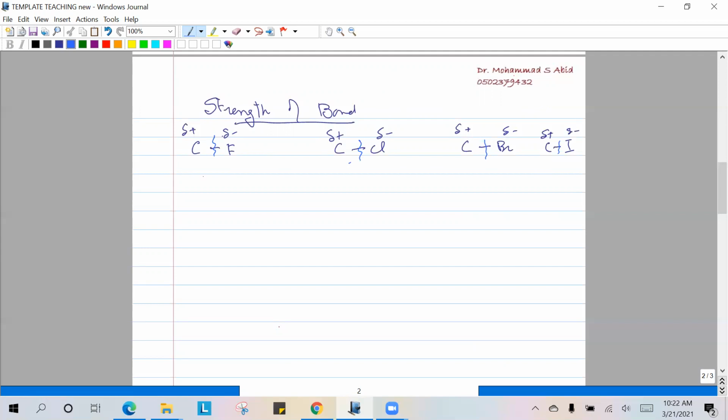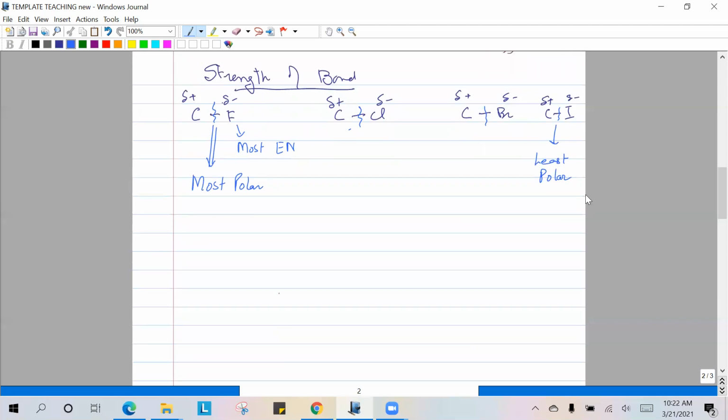Now we know that fluorine is the most electronegative. That means the C-F bond is most polar, while the C-I bond is the least polar.